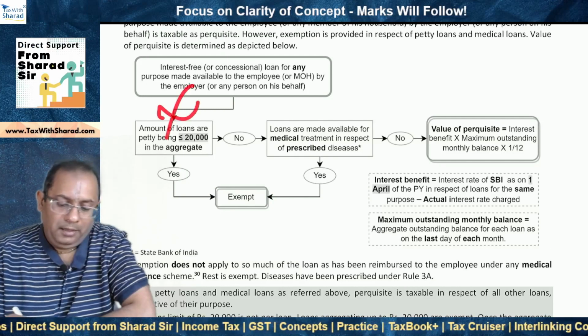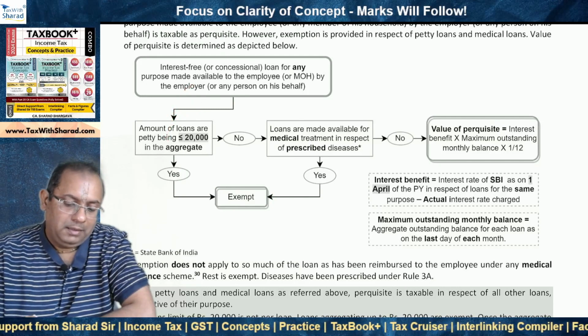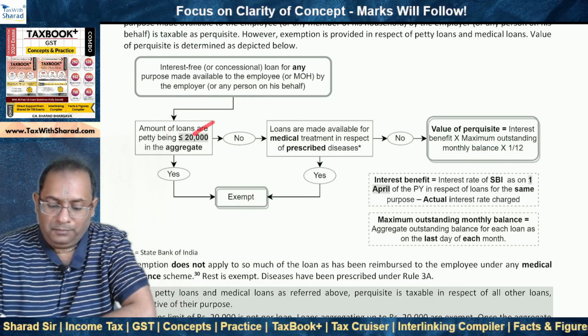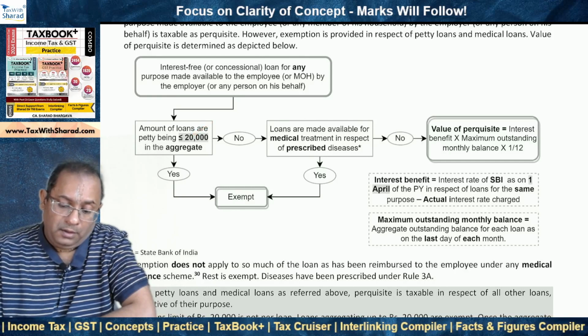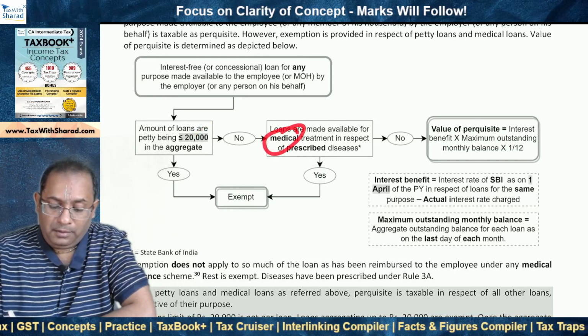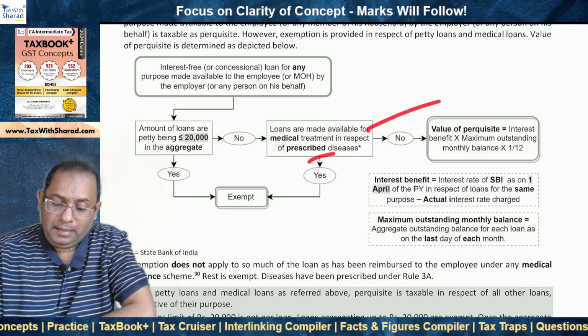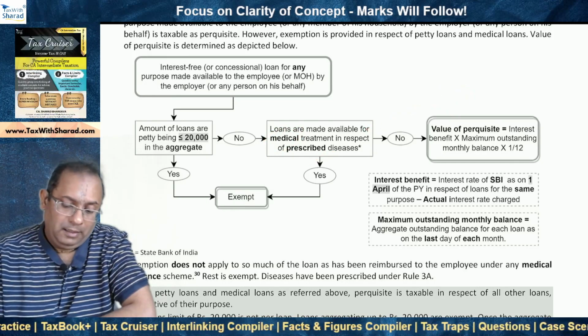But if this is not the scenario, okay, that means if the aggregate is more than 20,000 and if the loan is not made available for medical treatment of prescribed diseases, then taxability arises and then you need to make the valuation.